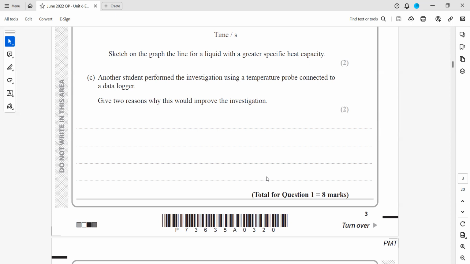It can measure temperature and time simultaneously, and when a data logger is used, it will have a smaller least count in temperature, and it can record more readings in a short time interval.